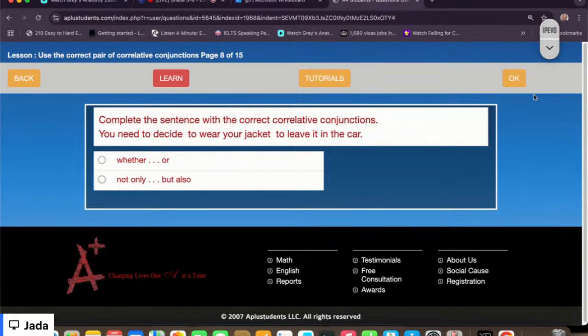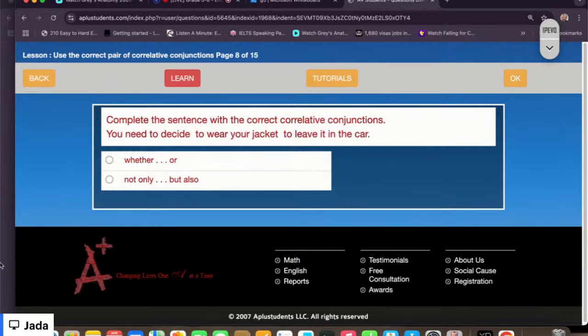Whether or, not only but also. So whether or.